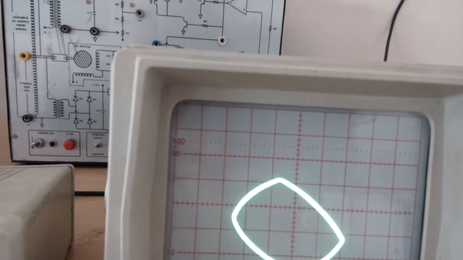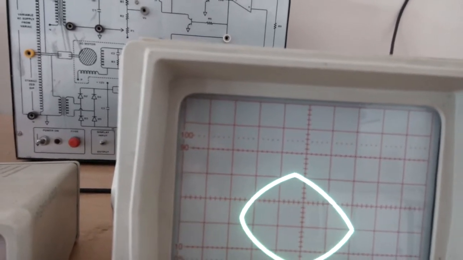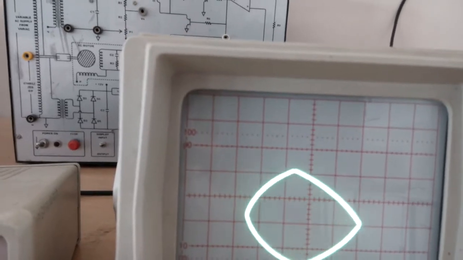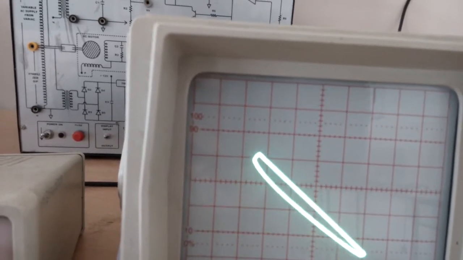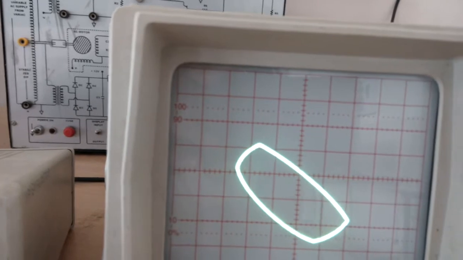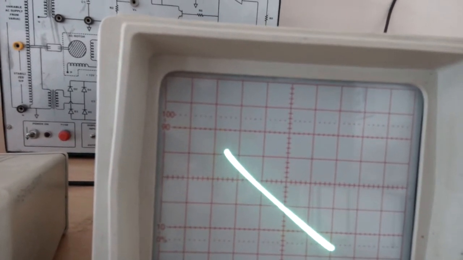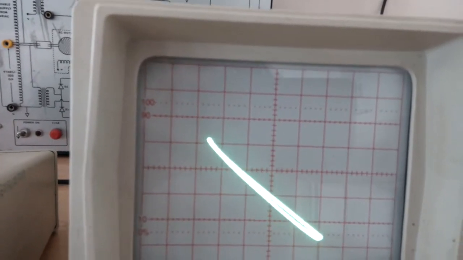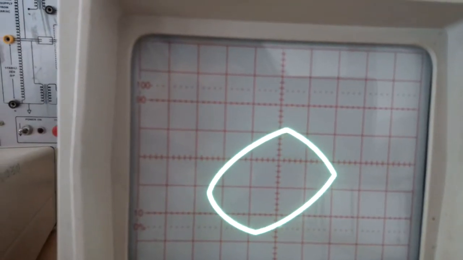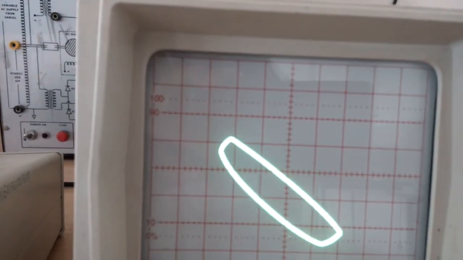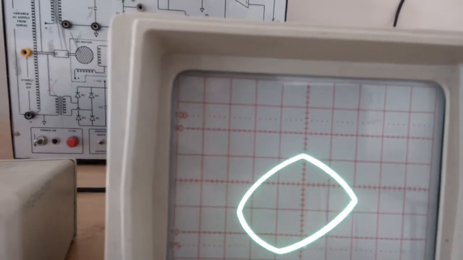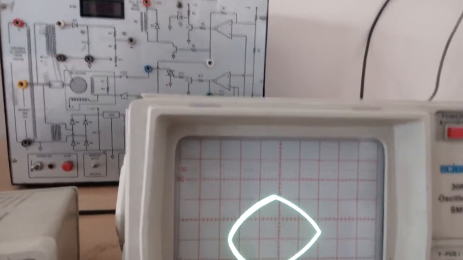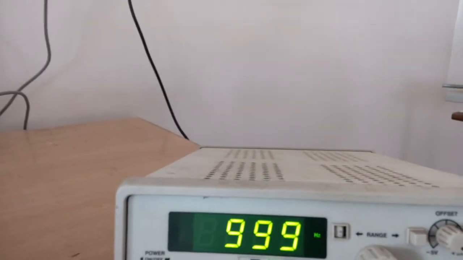In this way we can find the frequency using the Lissajous pattern. So now we can conclude that when Fh equal to Fv, that is horizontal frequency equal to vertical frequency, we get the elliptical Lissajous pattern on the screen. Same way again we'll see for the next frequency measurement. Here we just keep the standard frequency value at 1 kilohertz.